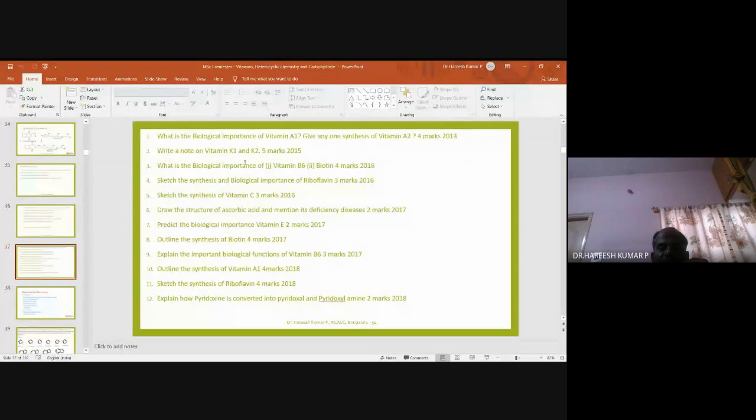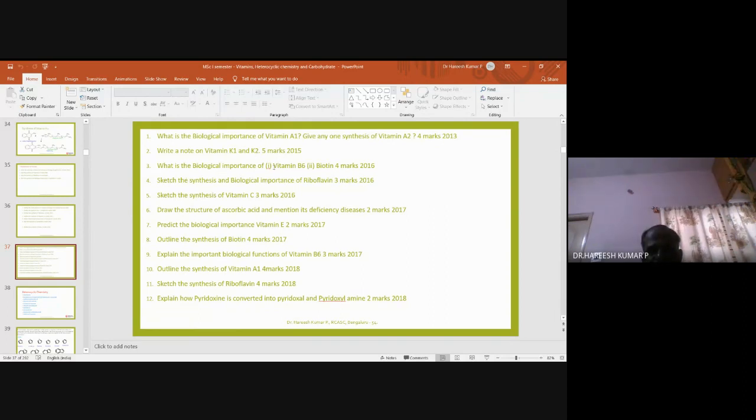K1 is isolated from alfalfa, K2 is isolated from putrefied fish meal. And you can also mention the biological importance, and those who are familiar with the synthesis, that also you mention it, since it is a 5 marks question.